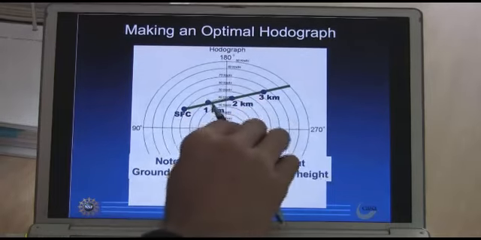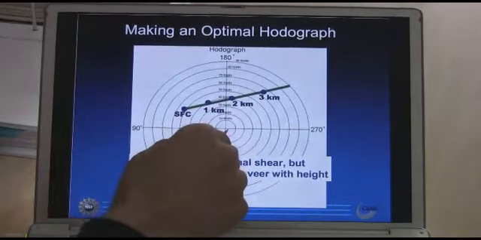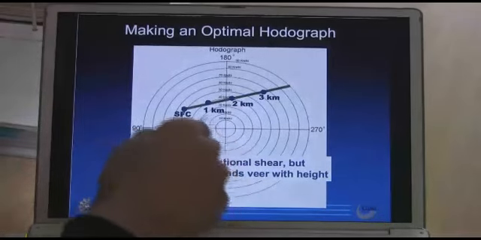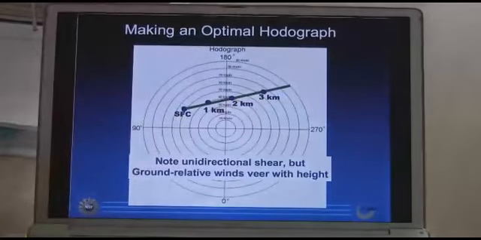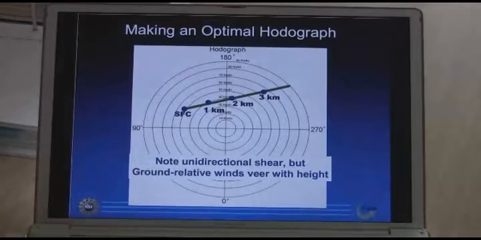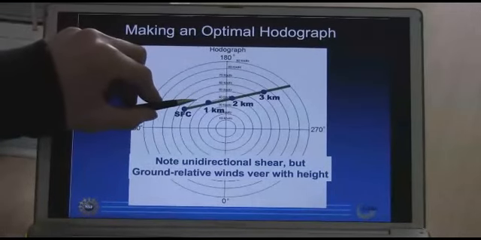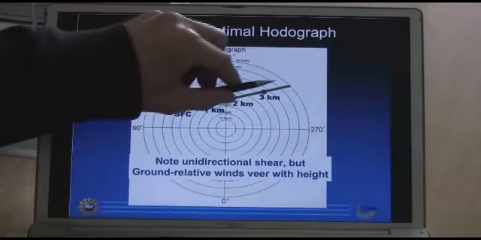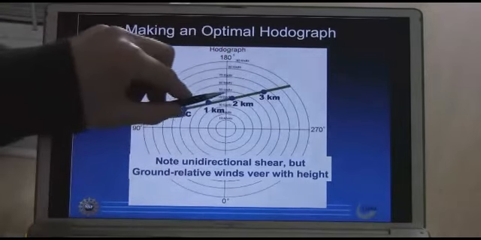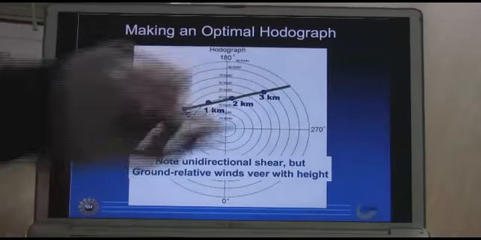Notice that the ground relative winds, drawn from the origin of the plot out to the hodograph, definitely veer with height. But remember, the shear vector is tangent to the hodograph curve pointing toward higher altitude. So at every level, the shear vector here points in the same direction like this. Surface points there, 1, 2, 3, it all points the same.